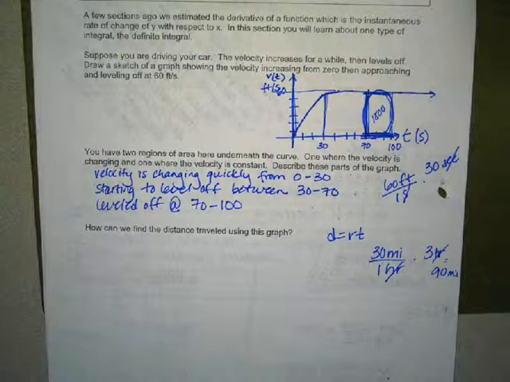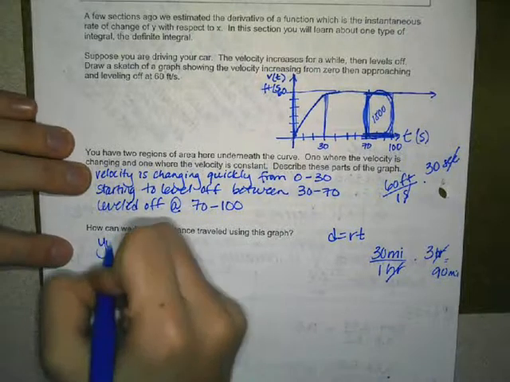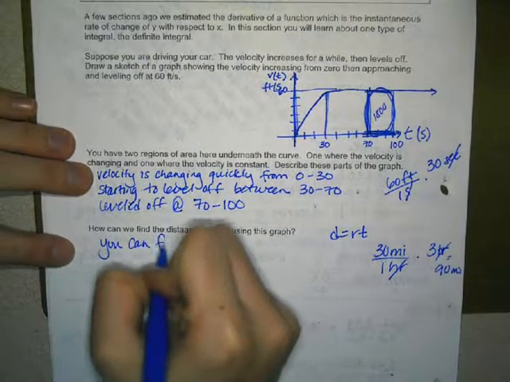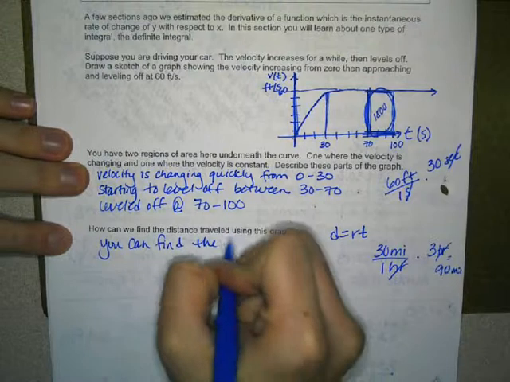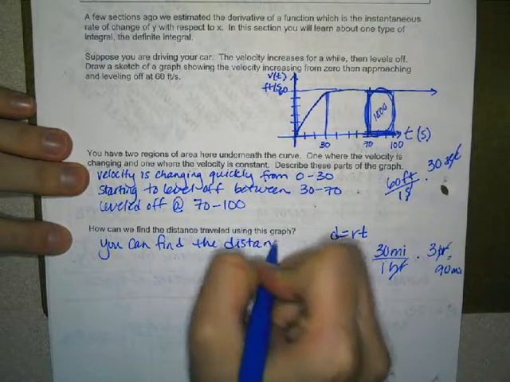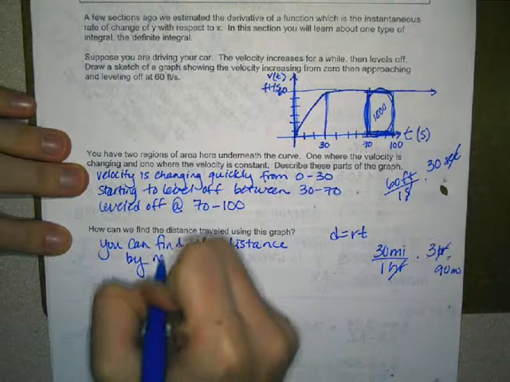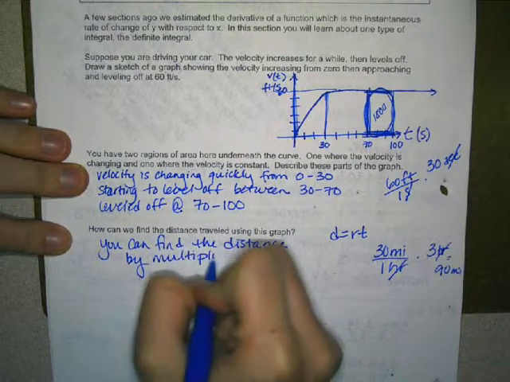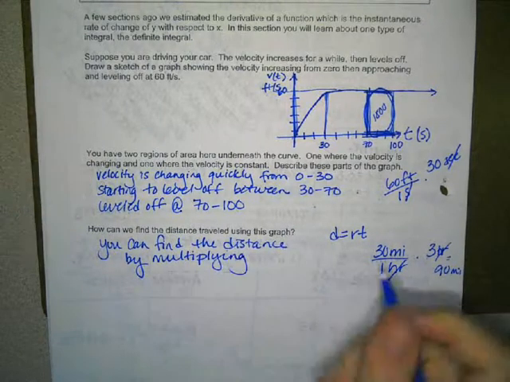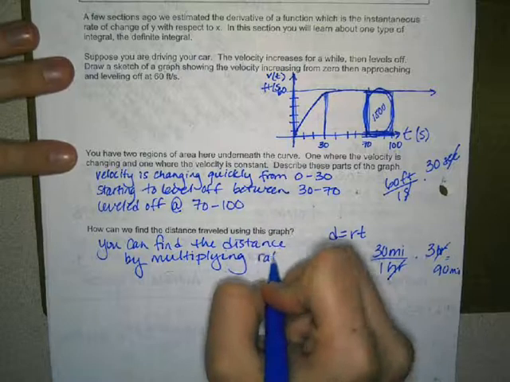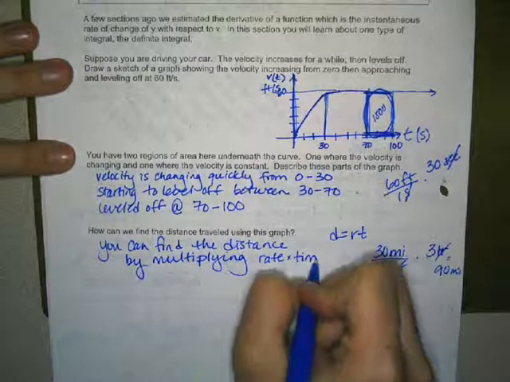Okay, so how can we find the distance traveled using this graph? You can find the distance by multiplying rate times time.